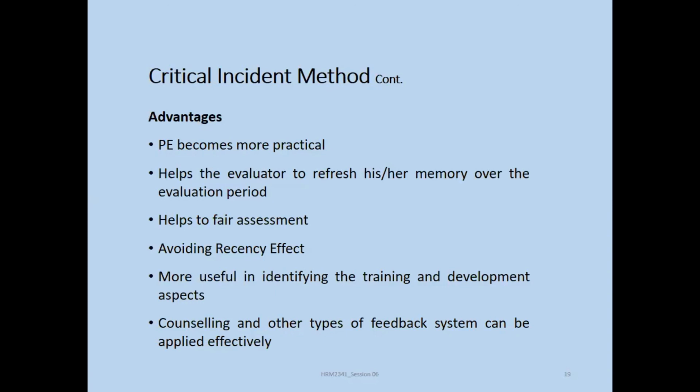Counseling and other types of feedback systems can be applied effectively because they have a proper record. By using that record, we can analyze the feedback requirement. By analyzing the overall performance of the employee, we can give the perfect feedback to correct our employees.